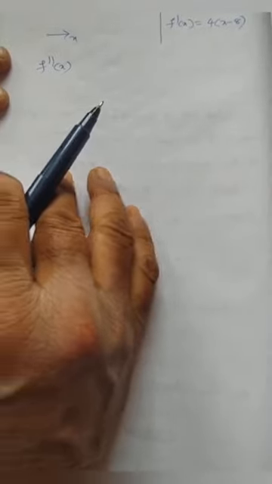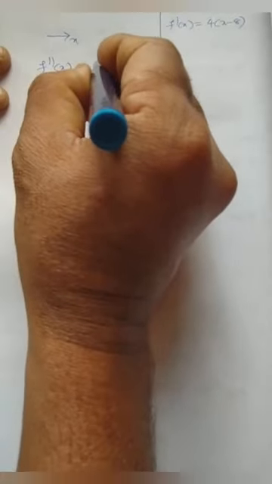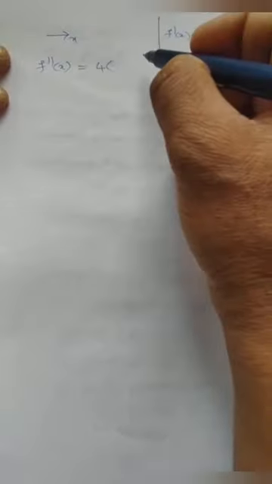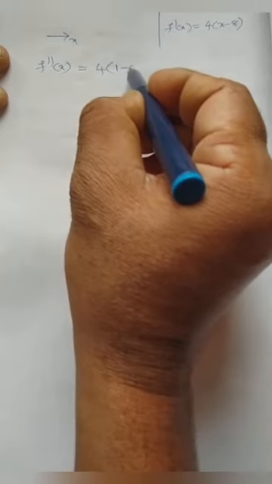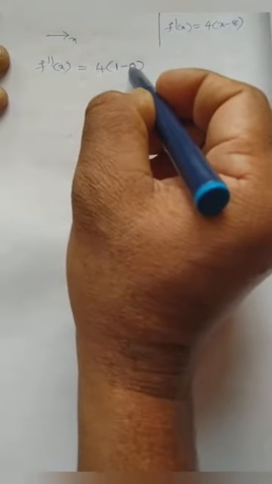Now I am applying the second derivative rule here to find the minimum. For that we have the first derivative 4 into x minus 8. That implies differentiating f dash of x with respect to x on both sides, what I would get is f double dash of x is equal to 4 into x derivative, which is 1, minus the derivative of the constant 8, which is 0.